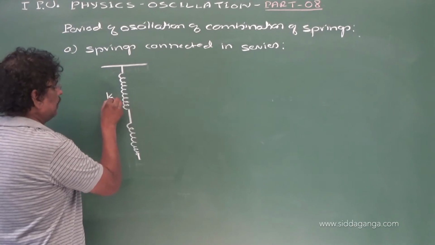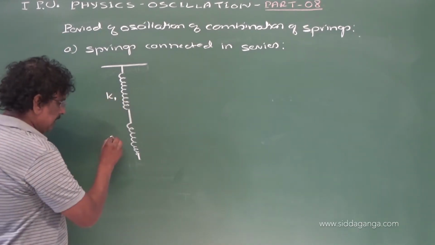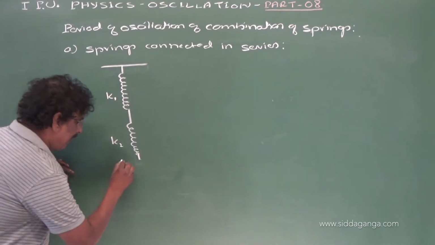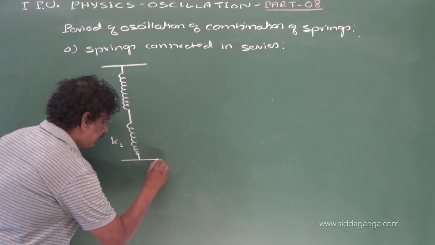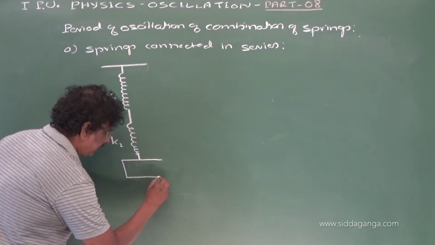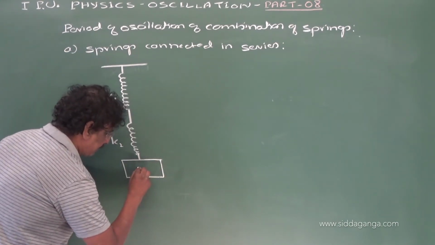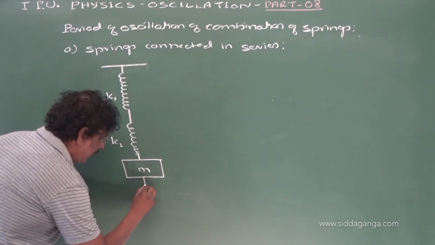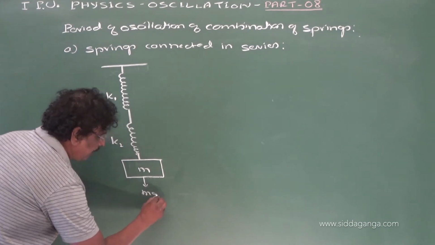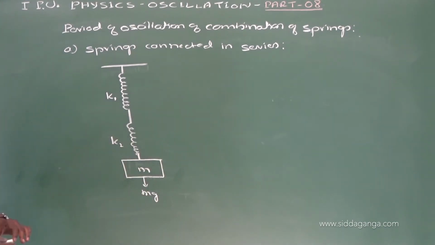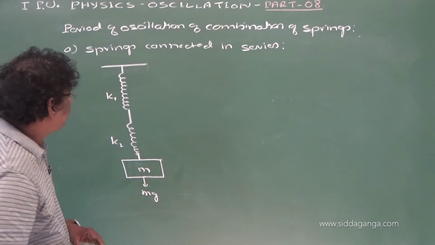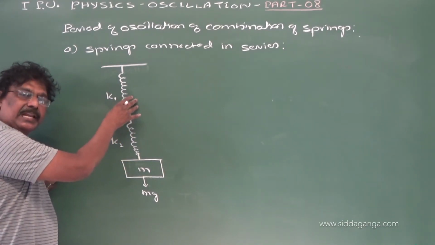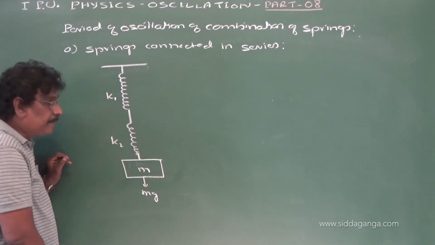This is of force constant K1, this is of force constant K2. When we attach a mass, the weight mg acts vertically downwards; that is the displacing force. So there is an extension or displacement in both the springs here.